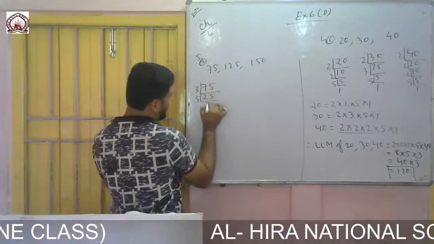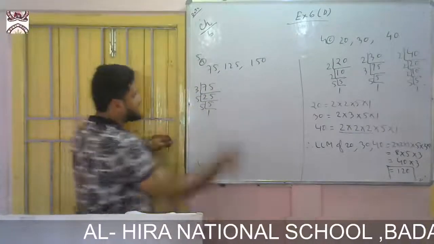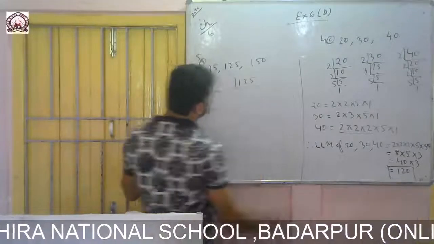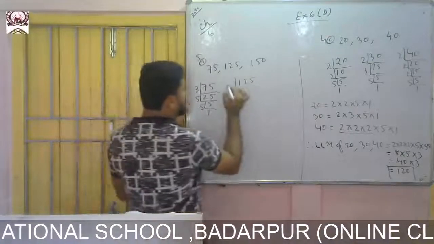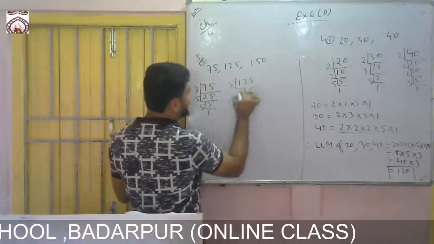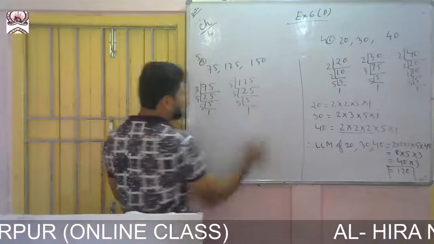With 5: 5 5s are 25, 5 1s are 5. 125 with 5: 5 2s are 10, 5 5s are 25, 5 5s are 25, 5 1s are 5.